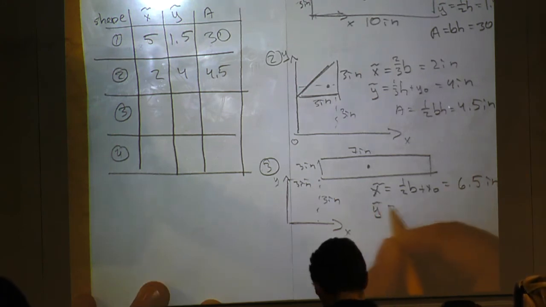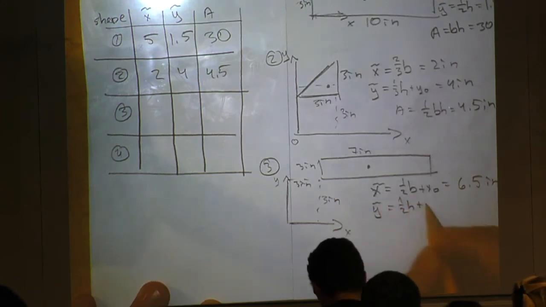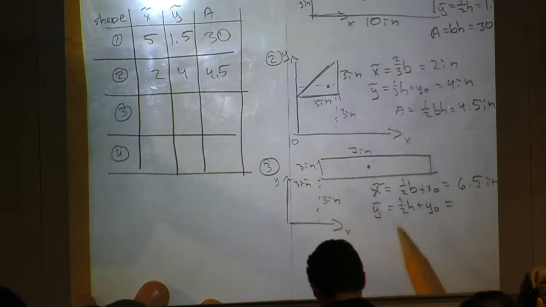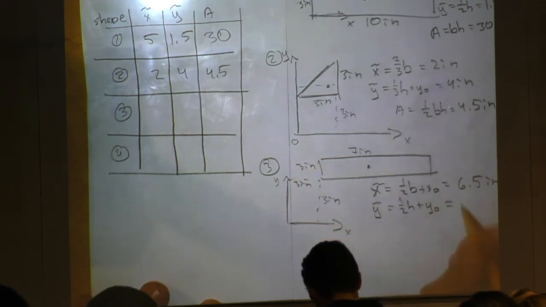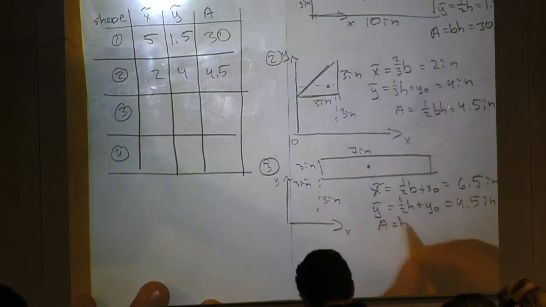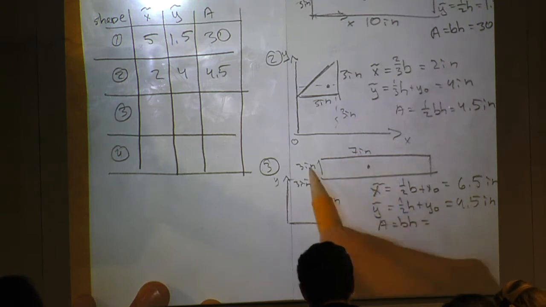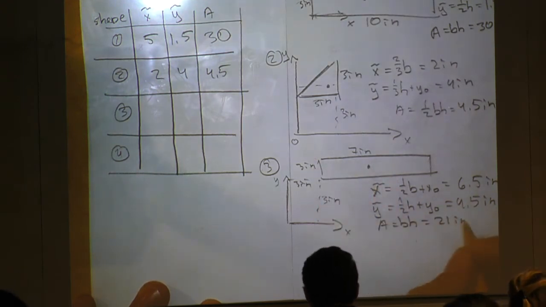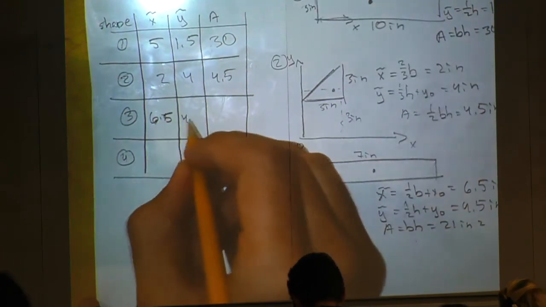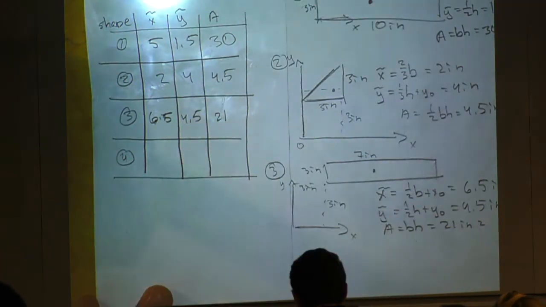Y squiggle is 1/2 of the height, 1.5, plus this initial y, 3, which is 4.5. And then area is base times height, 7 times 3, 21. So I'm going to add it: 6.5, 4.5, 21.